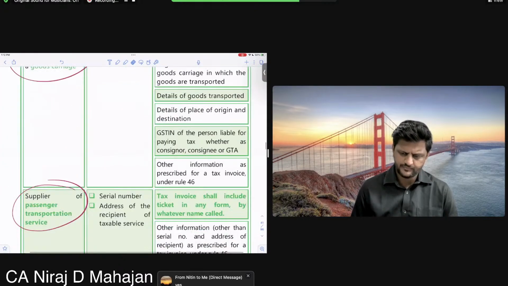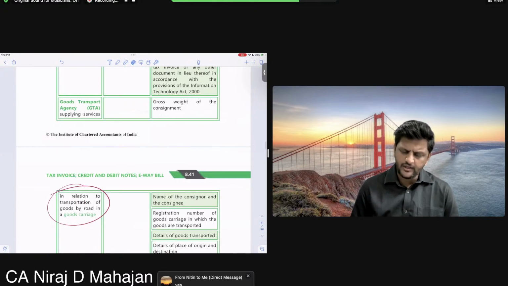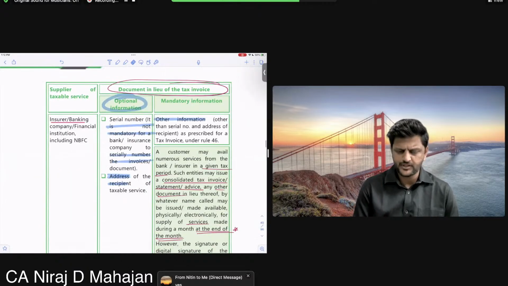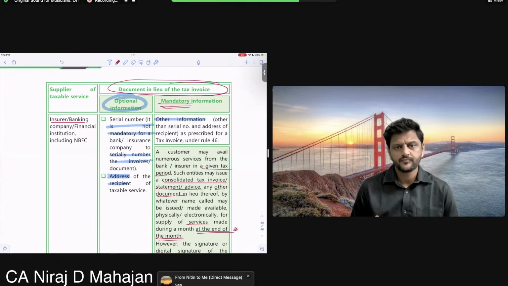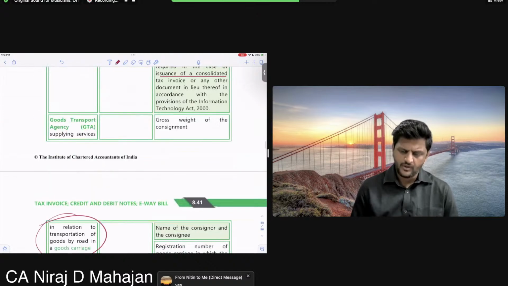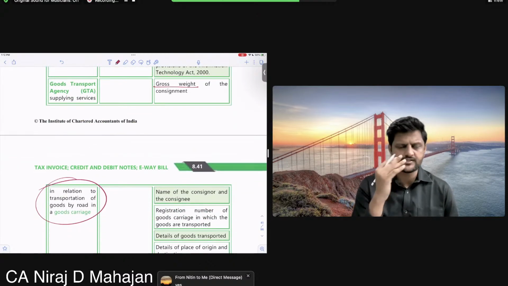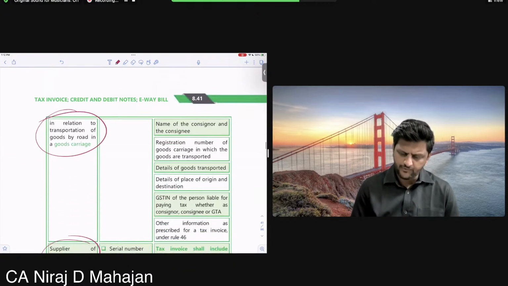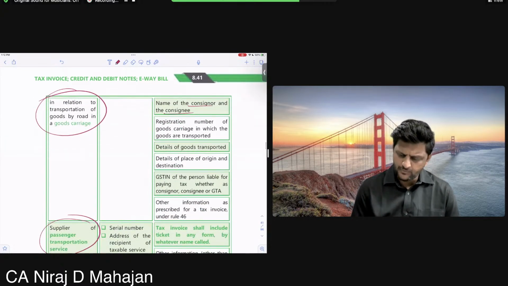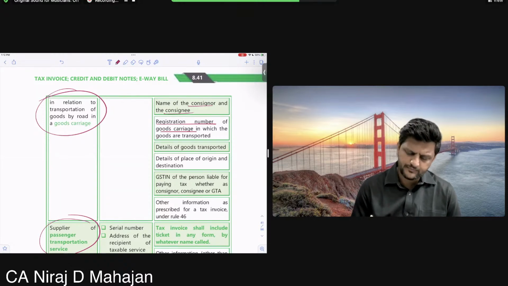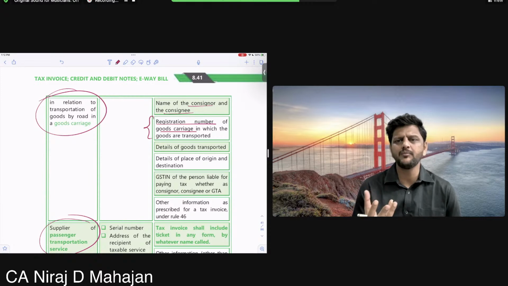GTA. What all will he have to put? This is mandatory, no? Check. Gross weight of the consignment. Name of consignor and consignee, seller and recipient. Registration number of the goods carriage in which goods are transported, your vehicle number, okay?